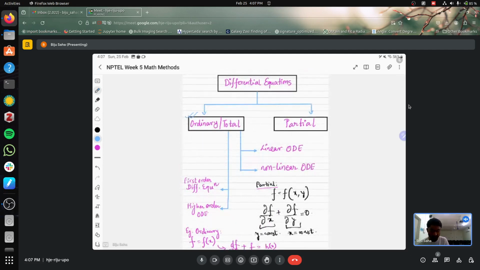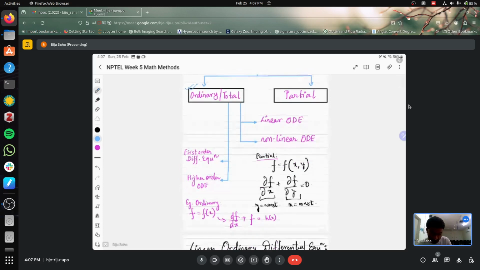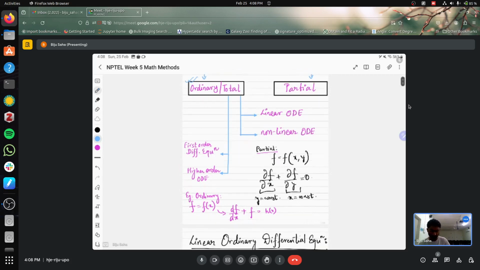One such category is in terms of the linearity of the differential equation, and the other sub-classification is with respect to the order of the differential equation. What we mean by a linear differential equation, or by the order of a differential equation, will come across in subsequent slides.